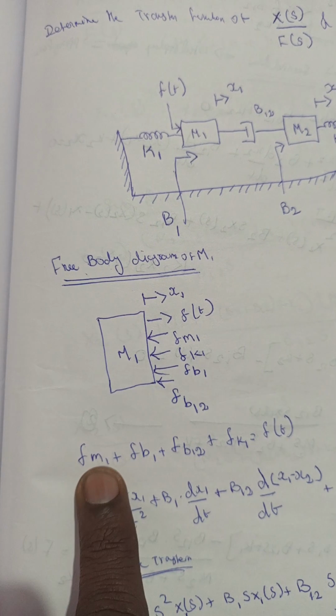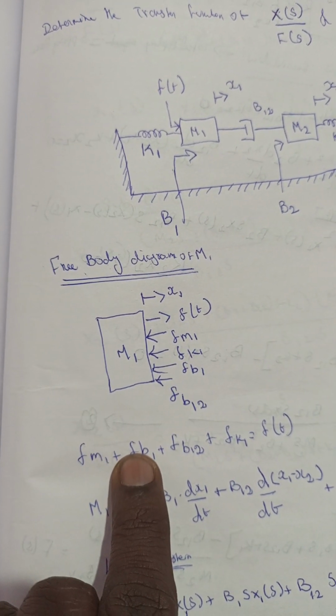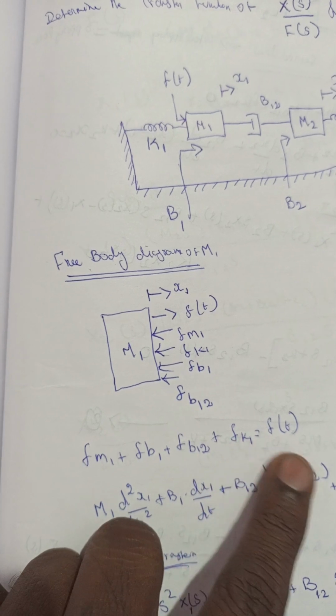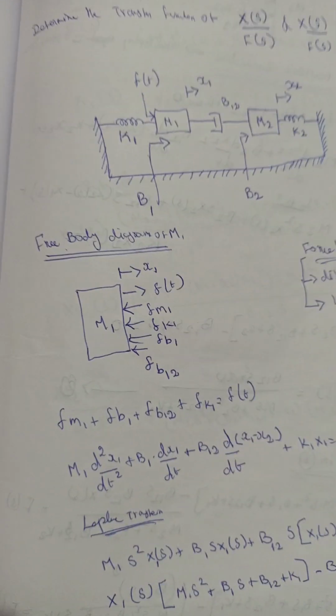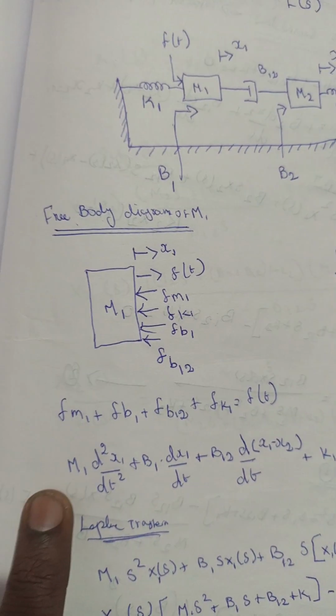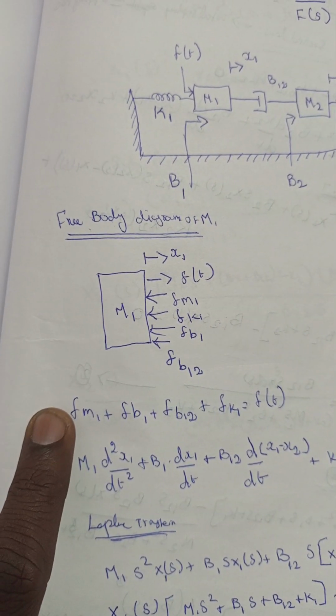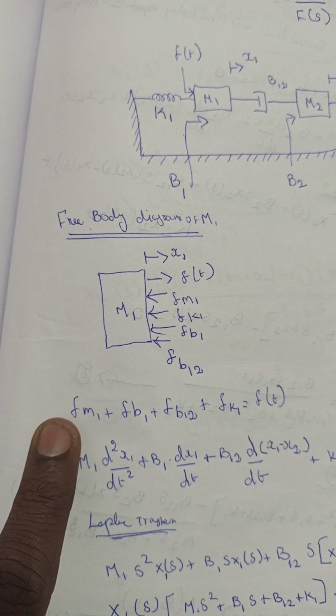So F_M1 plus F_B1, F_B12, F_K1, that is equal to F(t). So for M1 we have to differentiate two times.